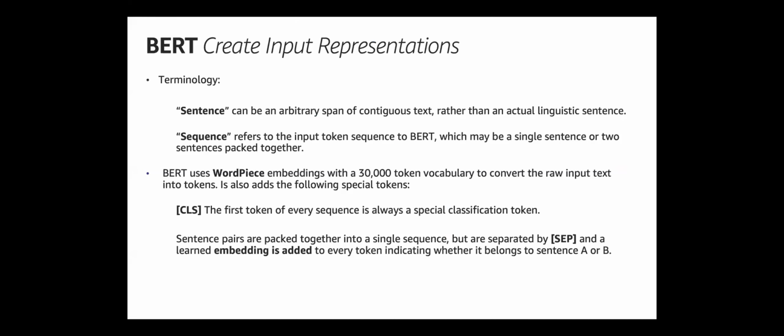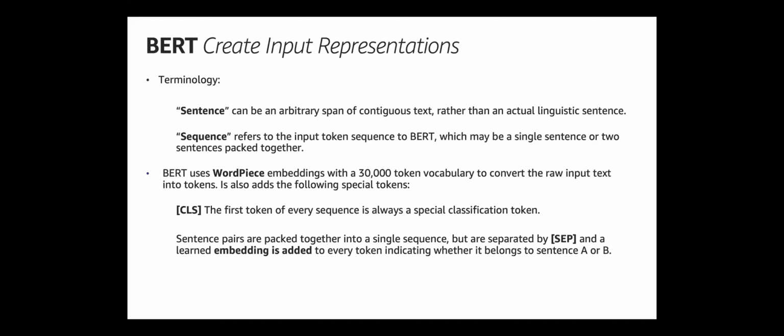And in the BERT terminology, there is sentence, and a sentence can really be an arbitrary span of contiguous text. It doesn't have to be actually a linguistic sentence as we know it. And then the sequence refers to the input token sequence. So once we've tokenized the raw words, those tokens are passed into the BERT model. Could be a single sentence or two sentences packed together.